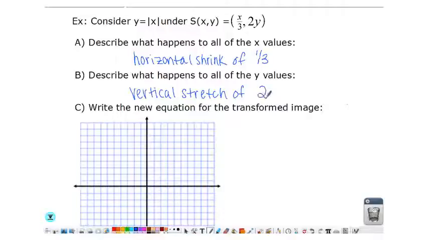Okay, so now we've described in words what's happening. So now we're going to come up with a new equation. Just like with translation mappings, when you go to the equations, you do the opposite of what you see. Same thing with scale change mappings.